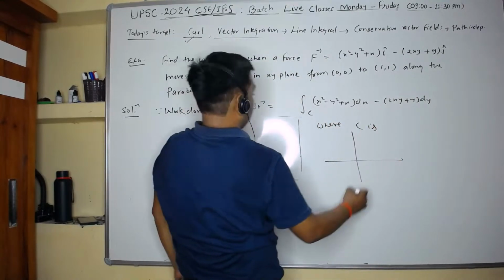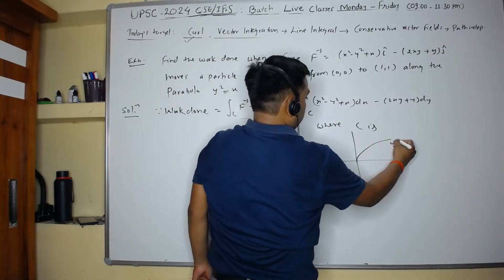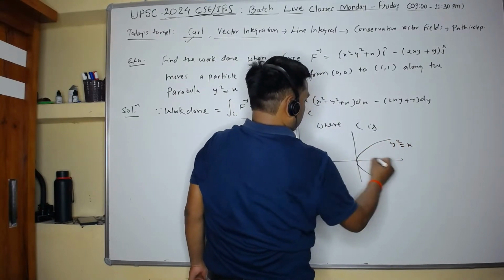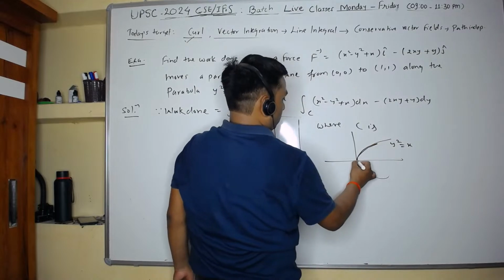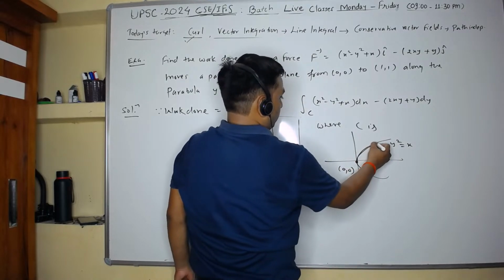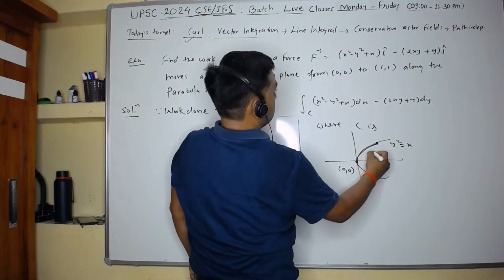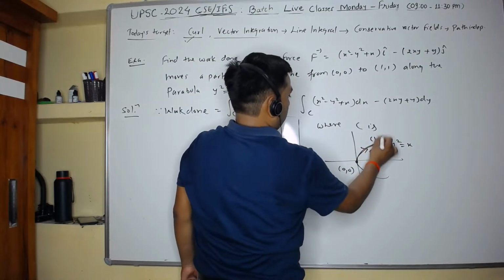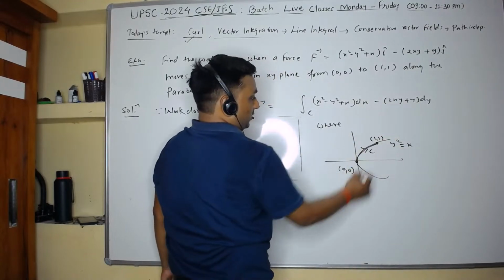पैराबोला है कौन सा? y स्क्वायर इक्वल्स टू x, कहाँ से कहाँ तक है? From the point 0,0 to 1,1. This is the curve C, right?